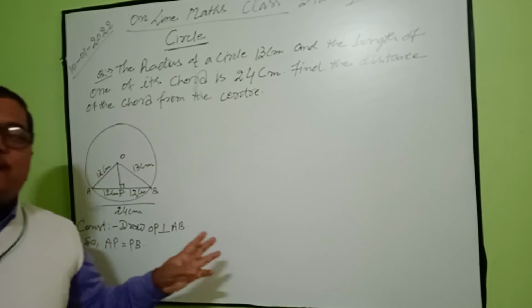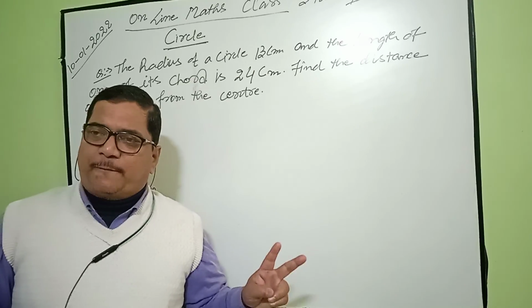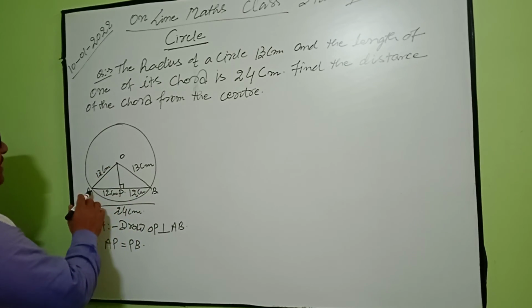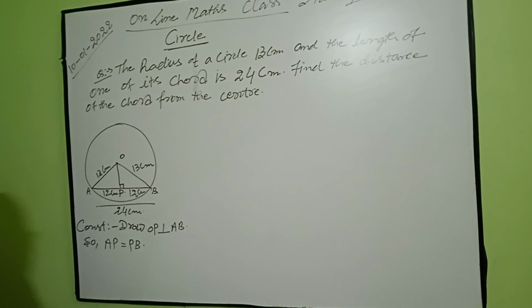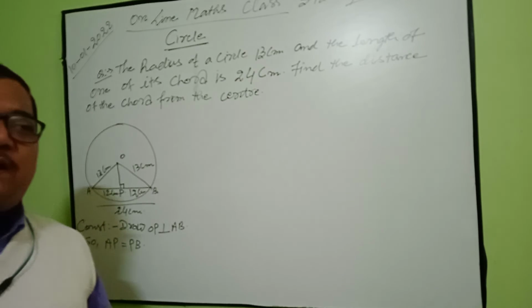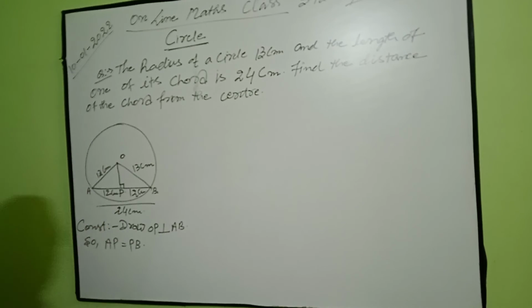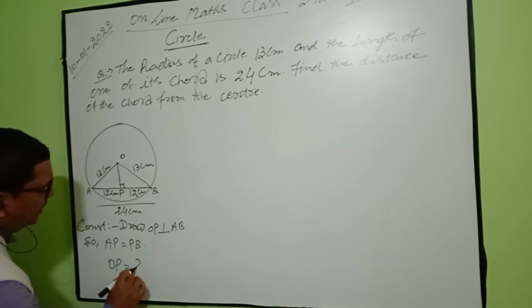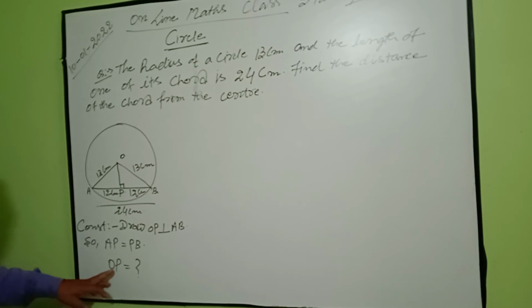Then PB equals 12 centimeter and AP equals 12 centimeter, because the length of chord was 24 centimeter. We will have to find OP, the distance from center to the chord.